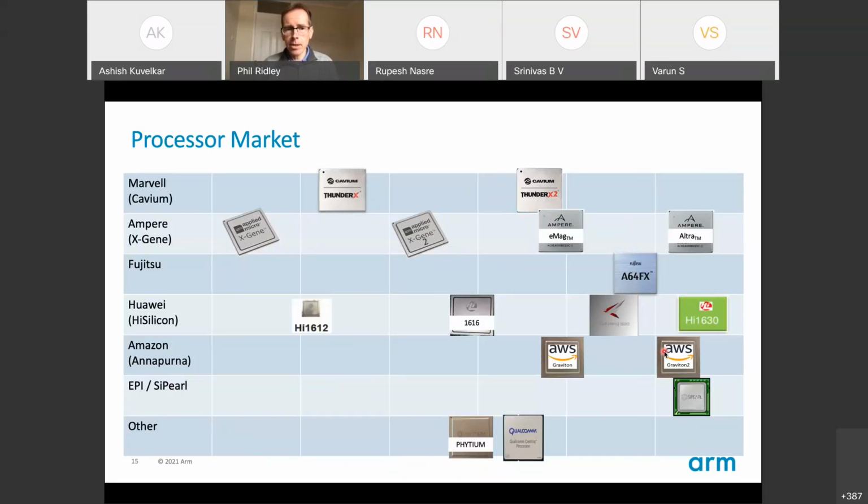And the European Processor Initiative, which I mentioned before, research-based, they're hoping to release their processor in the next few years. They're working with SiPearl, the company who will be working with them to fabricate that design. And then there are other companies like Phytium and Qualcomm. So there's quite a wide range of partners who are producing ARM processors, and you'll see these appear in some of the deployments that I'll cover.